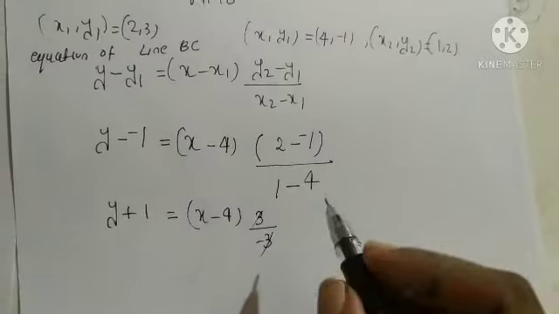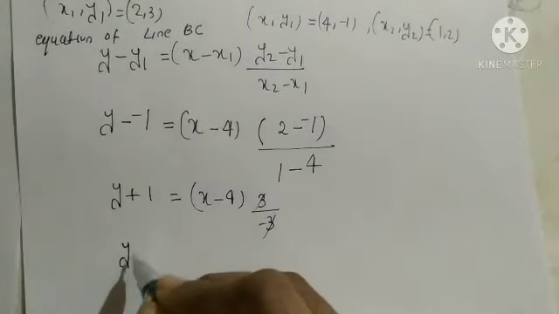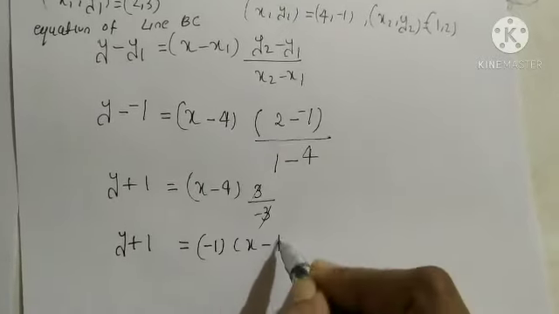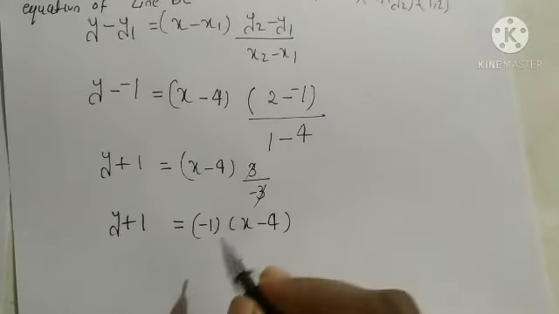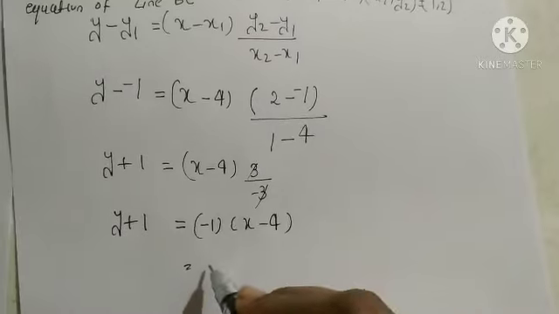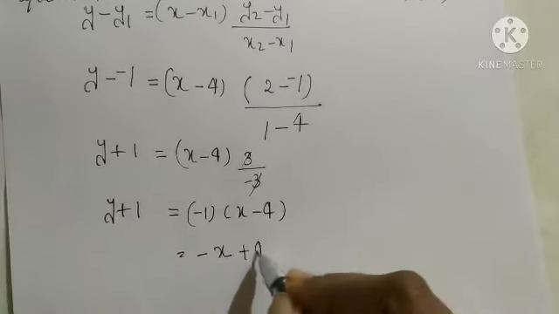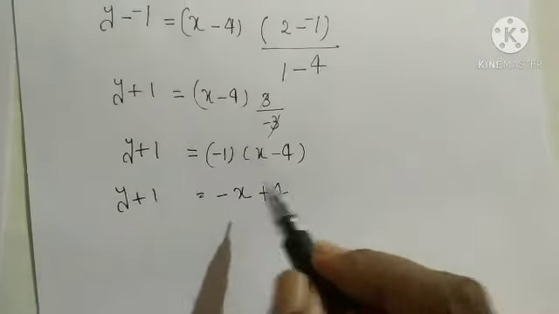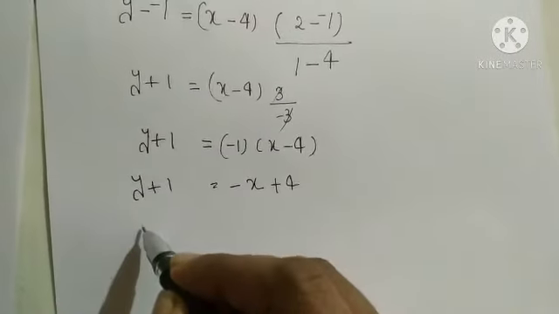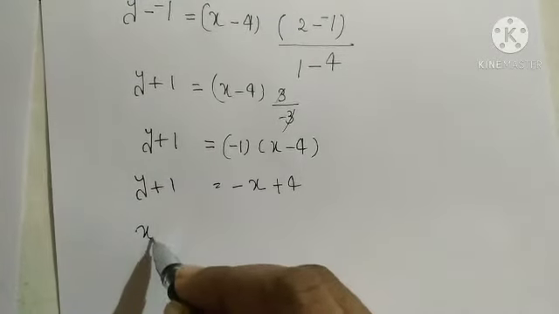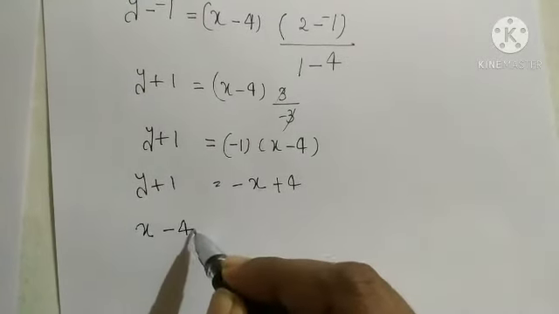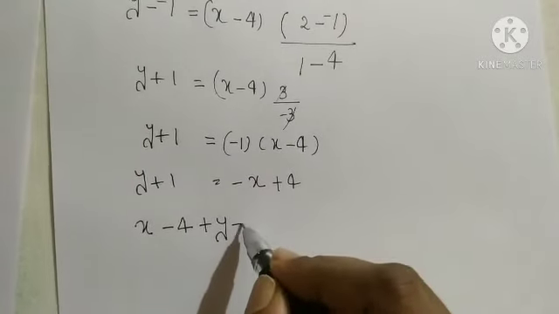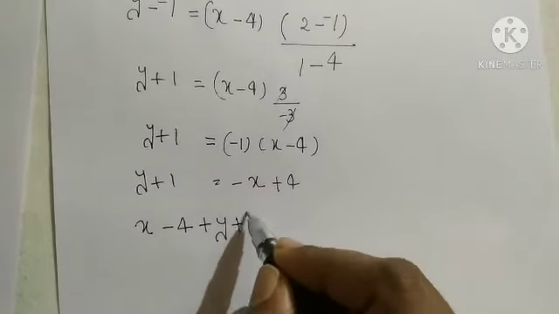Cancelling these two values, we get y plus 1 equal to minus 1 into (x minus 4). Opening this bracket, it will become minus x plus 4. Taking all values to LHS, it will become x minus 4 plus y plus 1 equal to 0.